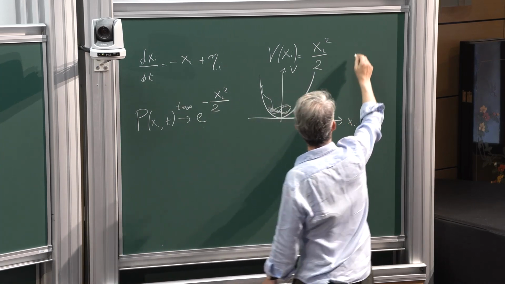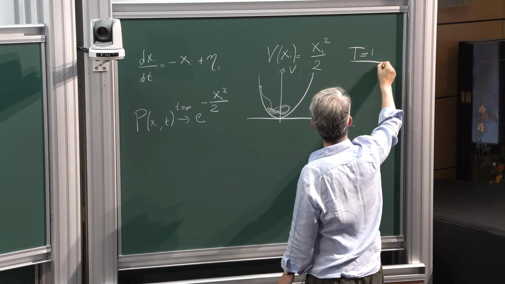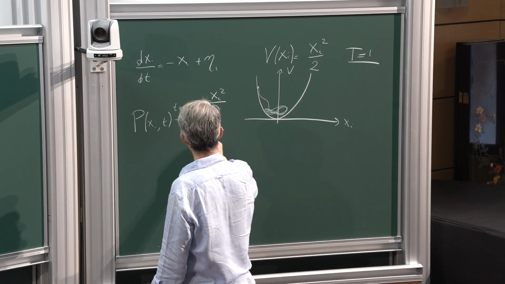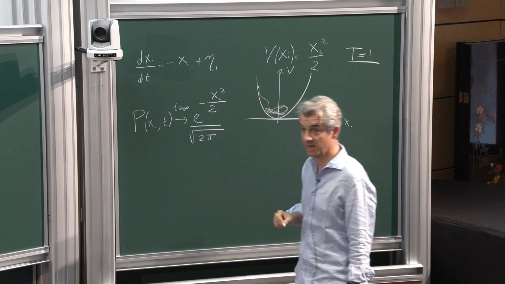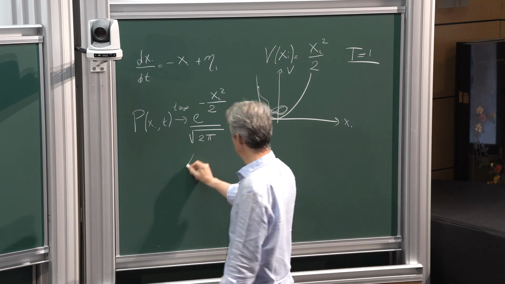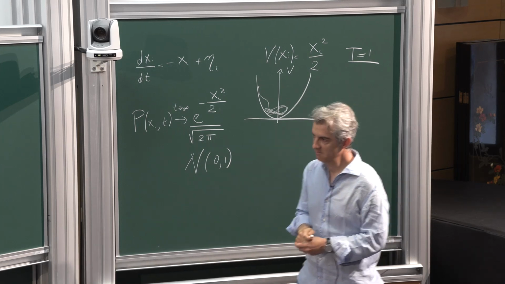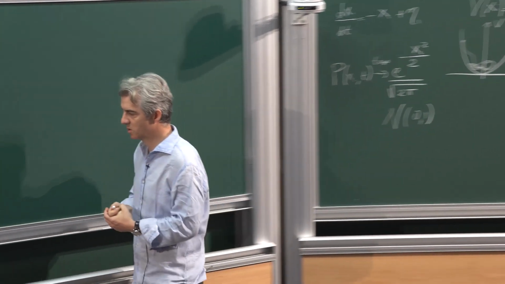And let's take the temperature equal to 1, as they do in the diffusion model. So the normalization is 1 divided by square root of 2 pi. Just a Gaussian, so it's N(0,1). So this is another thing that we are going to use.